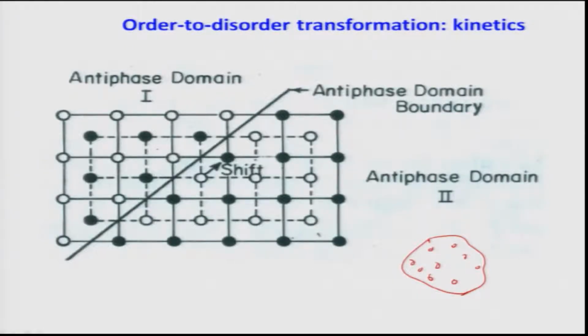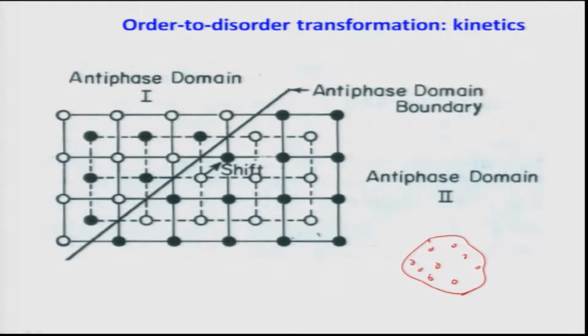Obviously they are displaced because the copper atoms are sitting at the face center positions and the gold atoms are sitting at the corner positions. So we can displace one sublattice with respect to the other by a/2 <110>. That is the normal situation.